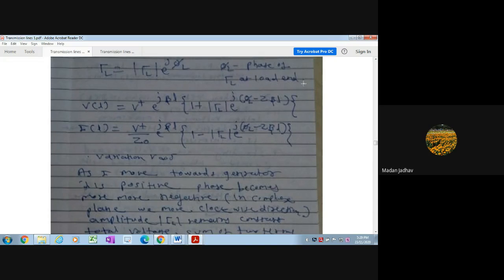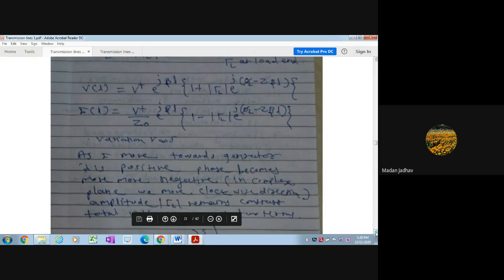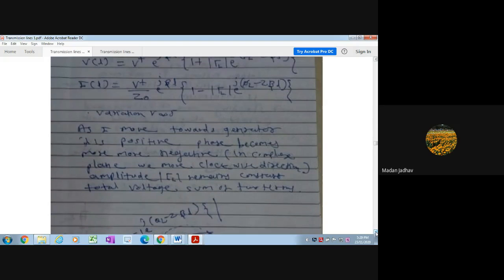As L changes, the phase also changes, and therefore the resultant voltage and current along the transmission line also change.